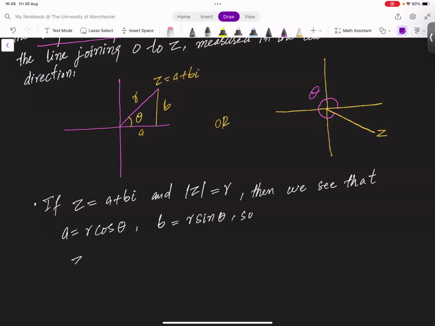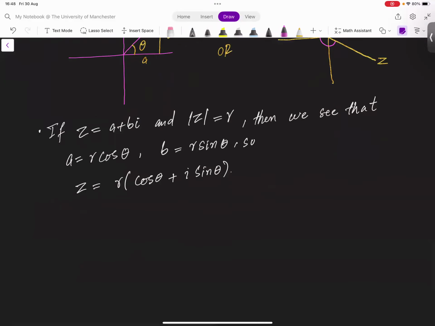So z can be written as r into cos theta plus iota sine theta. And this is known as the polar form of complex number z.